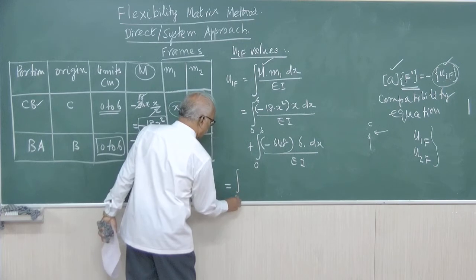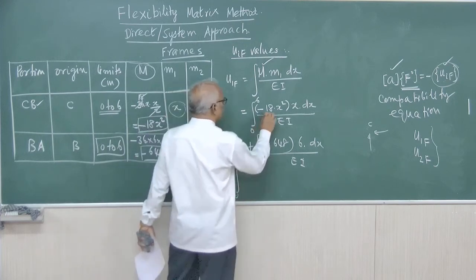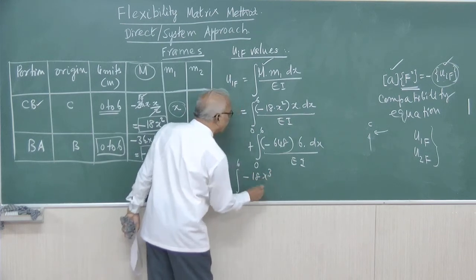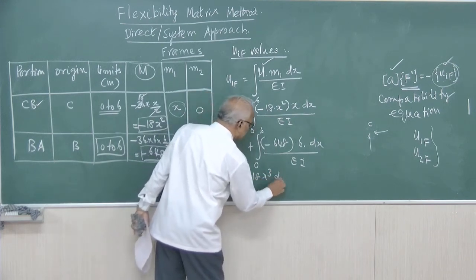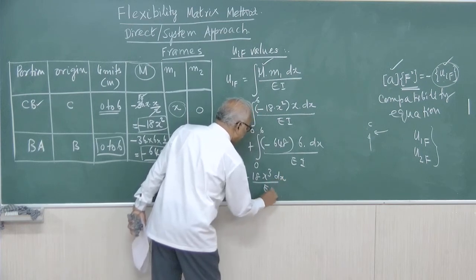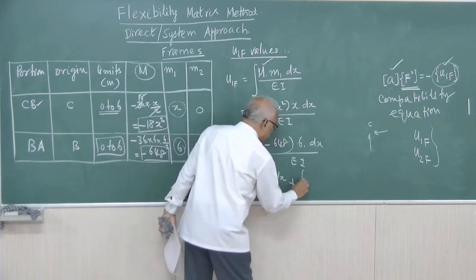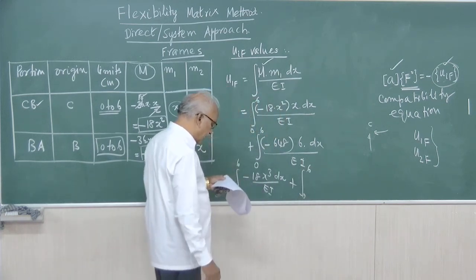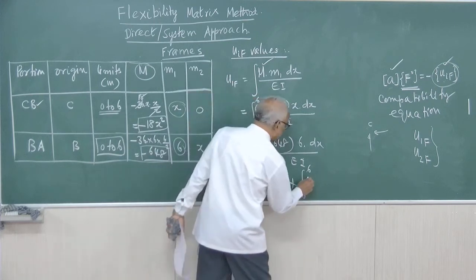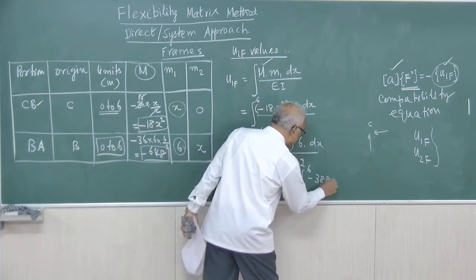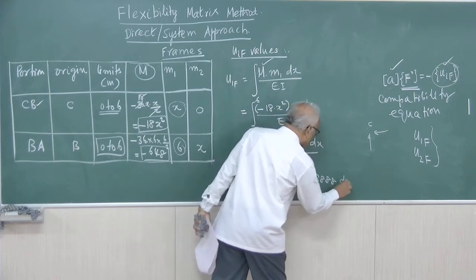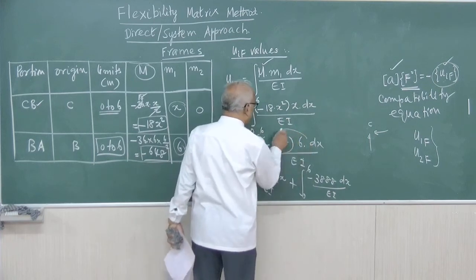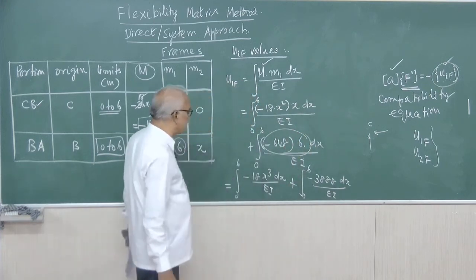We can do one more simplification. So, 18x square into x will become minus 18x cube dx by EI, first term, plus 0 to 6 on multiplication, minus 648 into 6 equals minus 3888 dx by EI.